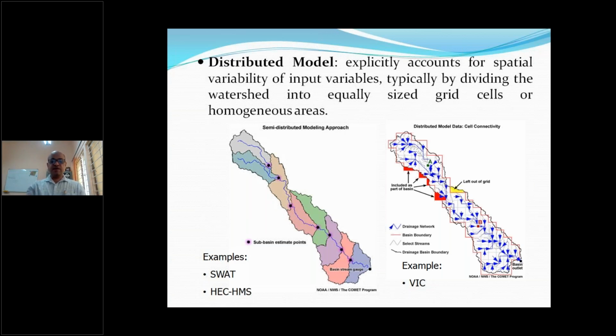The variable infiltration capacity model, which we'll see in coming slides, discretizes the watershed into small square pixels or square grids, and then tries to solve the hydrological process for each of those grids. So this is a distributed model.